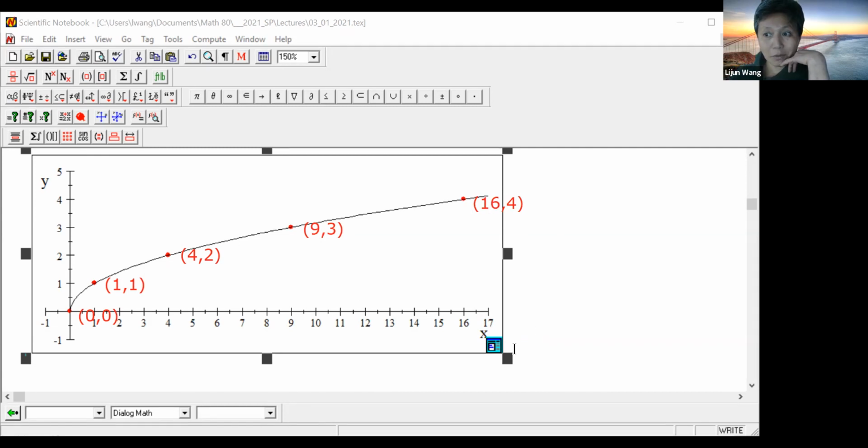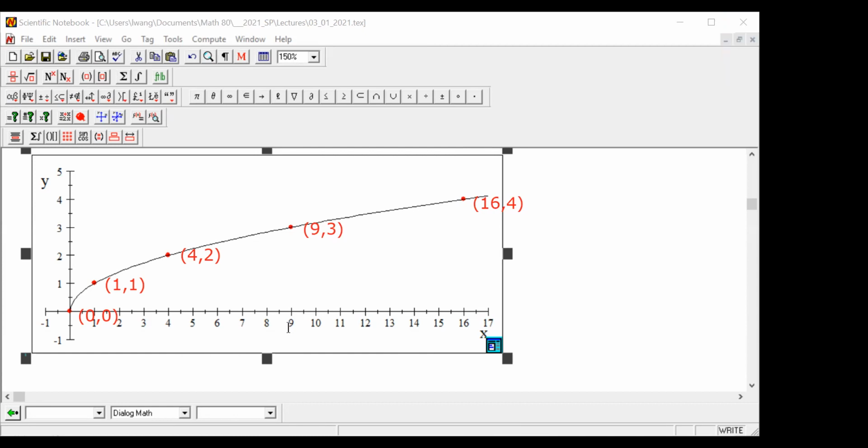And what are the x-intercept, y-intercept? Under this rule, we get this picture, right? How come nobody says anything? What is the x-intercept? What is the y-intercept? Both of them are 0, 0.